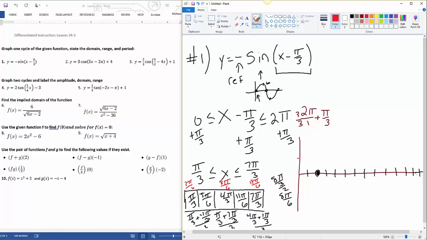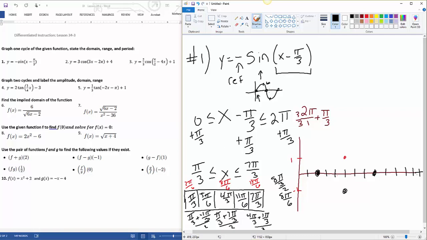So normally, let's just say here's my amplitude 1 and negative 1. Normally it would go up, but because of the reflection, it's now going to go down. And then at 8 pi 6, it's going to cross again. So the third value, it's going to cross. So 1, 2, 3, 4, 5, 6, 7, 8.